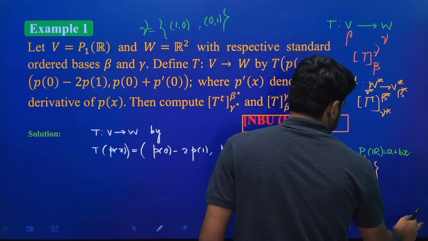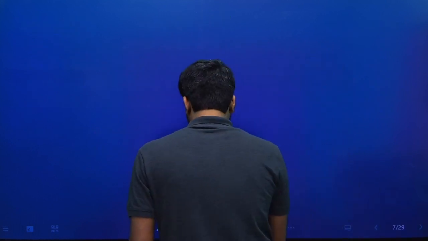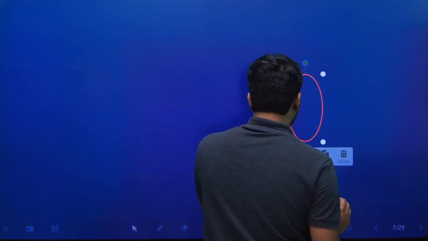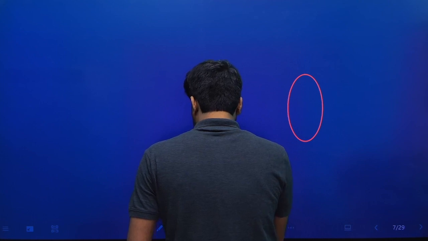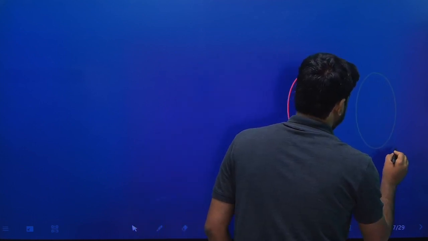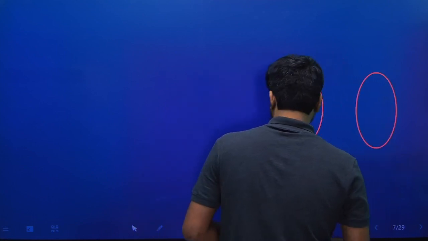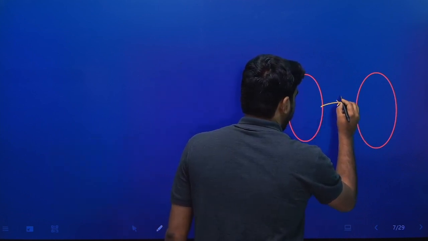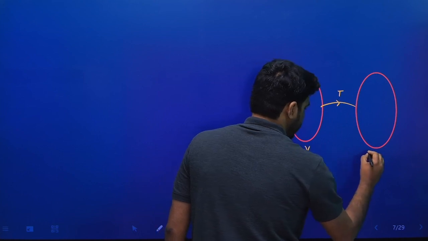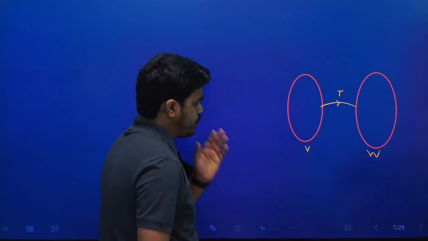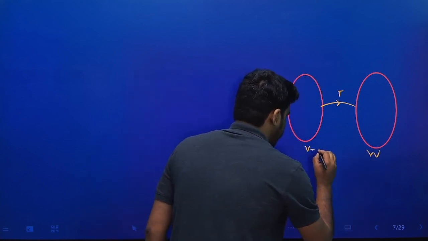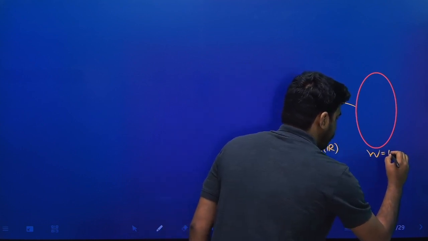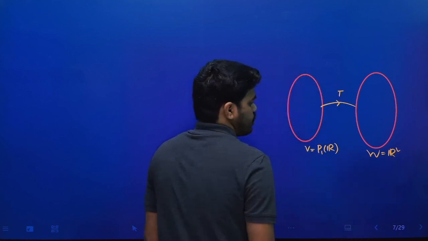So what is our target? Just see, here T is a mapping from V to W, right? ठीक, V is given P1(R), W is given R2, right?